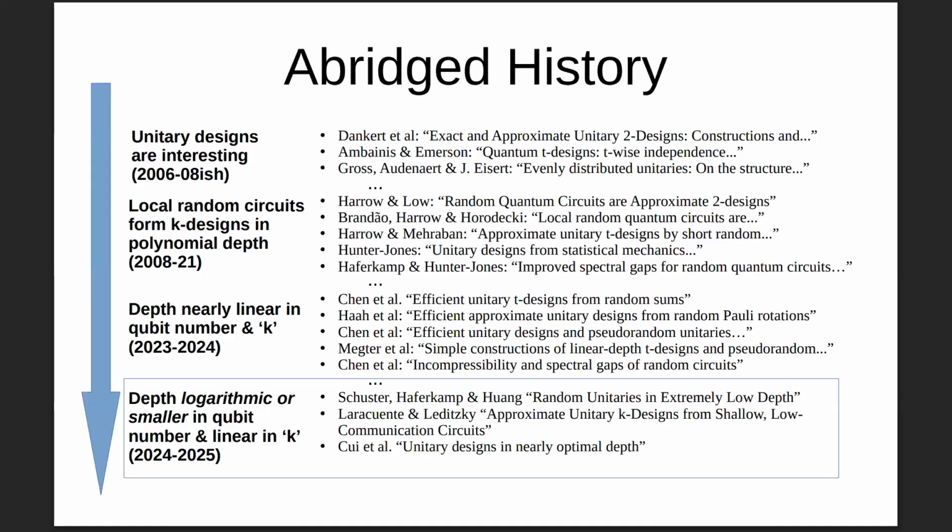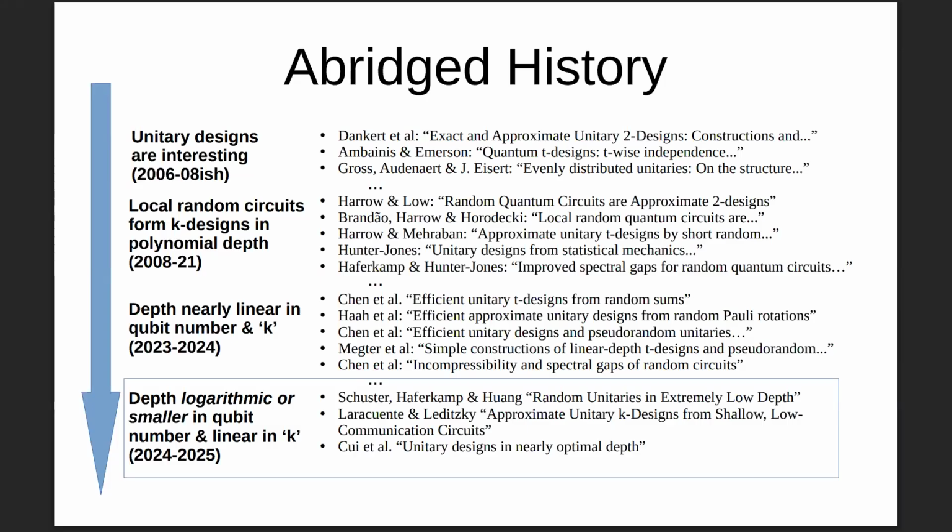So these have been studied since roughly the mid-2000s in a quantum context. The idea of a K design, I think, actually goes back further and applied more generally. You can think of spherical K designs or orthogonal K designs.